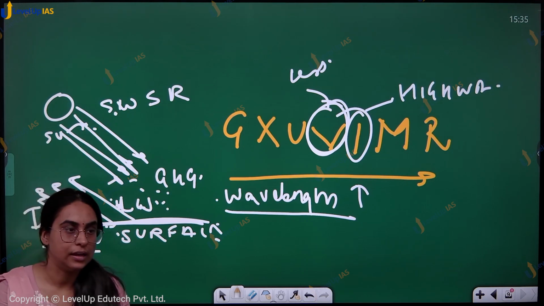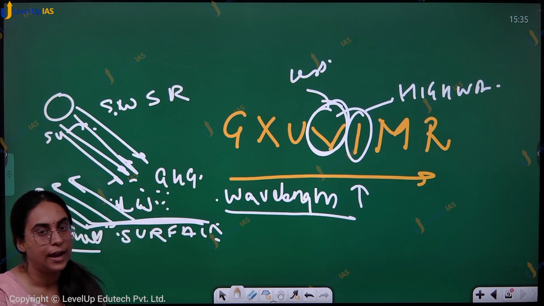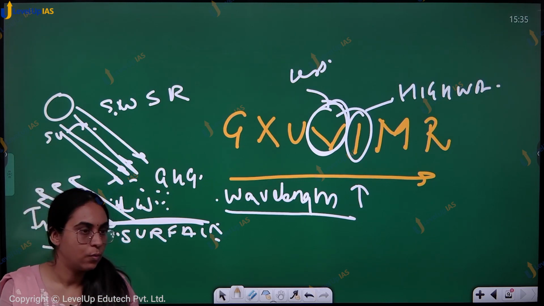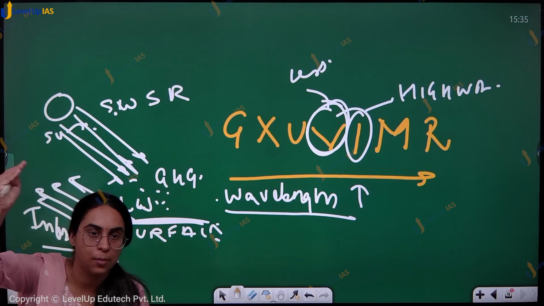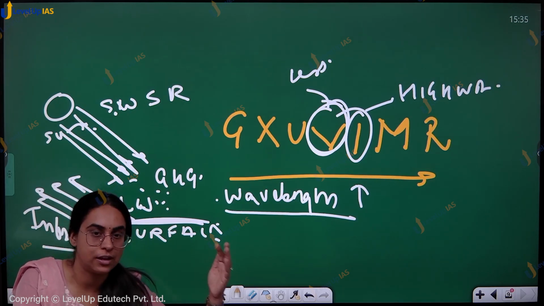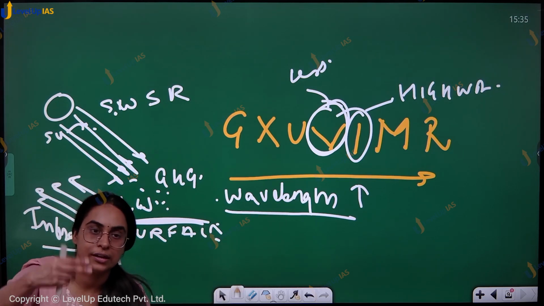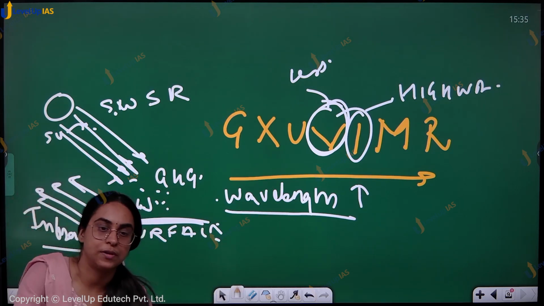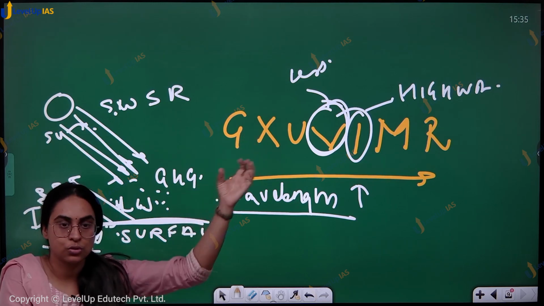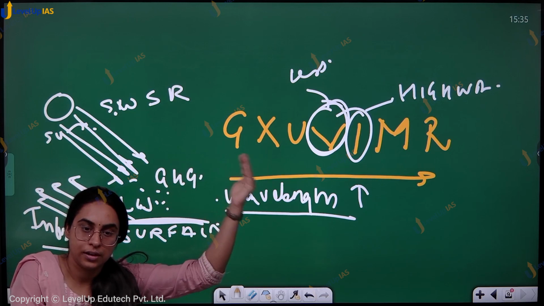Okay, now let's see from the start what we wrote. We wrote that the atmosphere is heated in two ways. One is the ozone directly absorbing the solar radiation. Second, it is getting heated by long wave terrestrial radiation, infrared radiation. Greenhouse gases are transparent to incoming solar radiation, but opaque to outgoing terrestrial radiation.